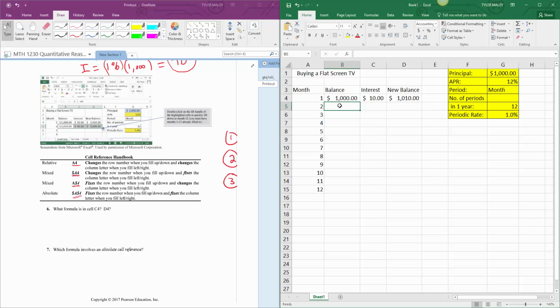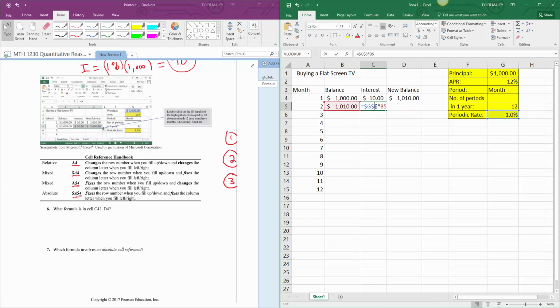I need to connect month 1 to month 2. So if I hit equals and then click on cell D4, that's what I want to reference, because in month 2 I now have a balance of $1,010, not 1,000. If I link those in, it's going to pull that correctly, and then I can pull both of these down and it should calculate just fine.